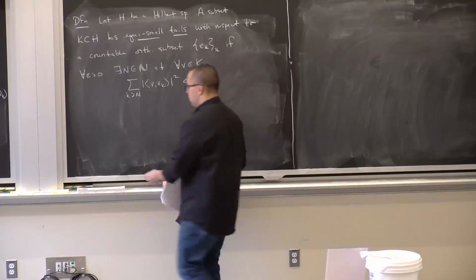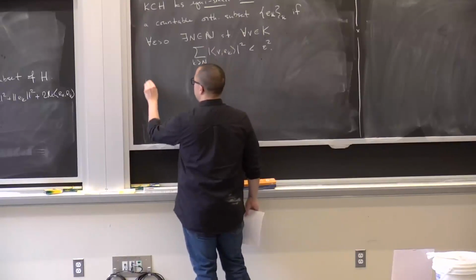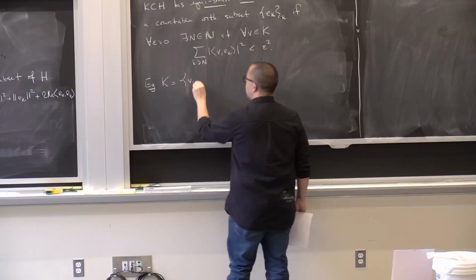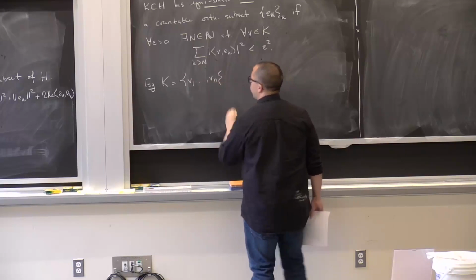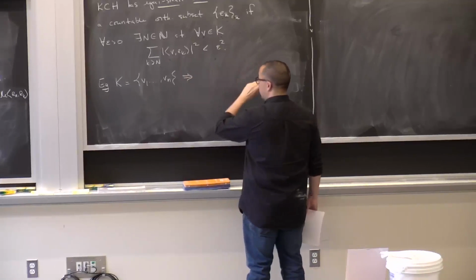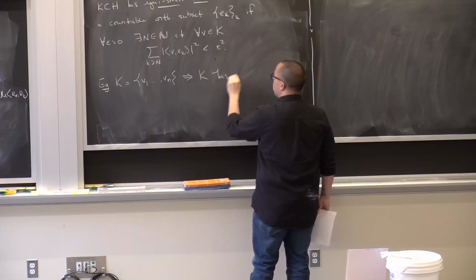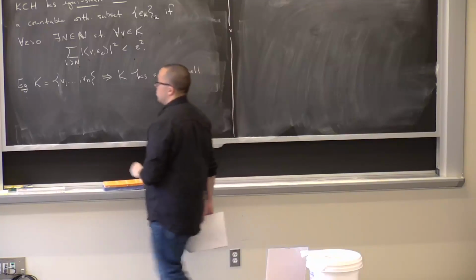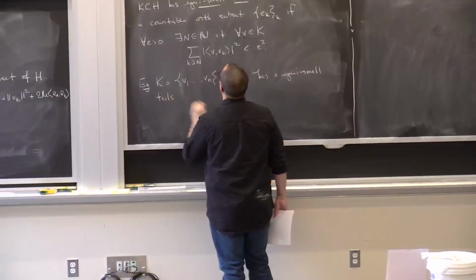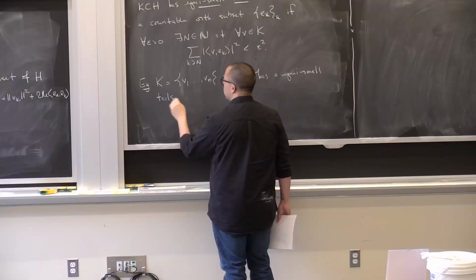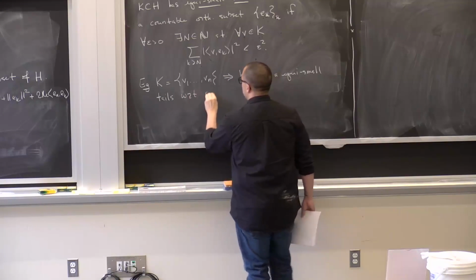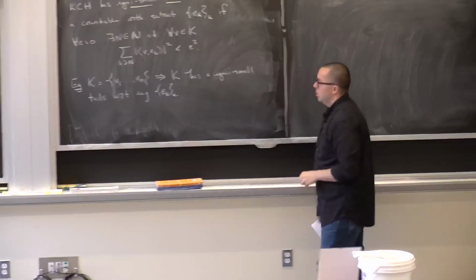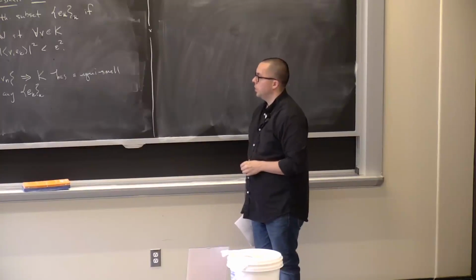So I leave it to you to verify that if K is simply a finite set, this implies K has equi-small tails with respect to any orthonormal subset. Okay?